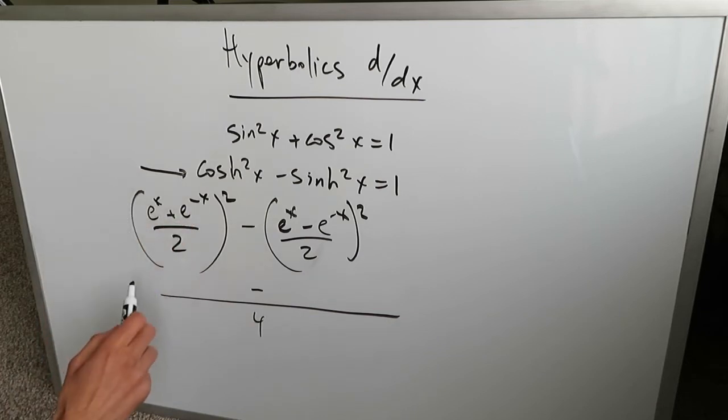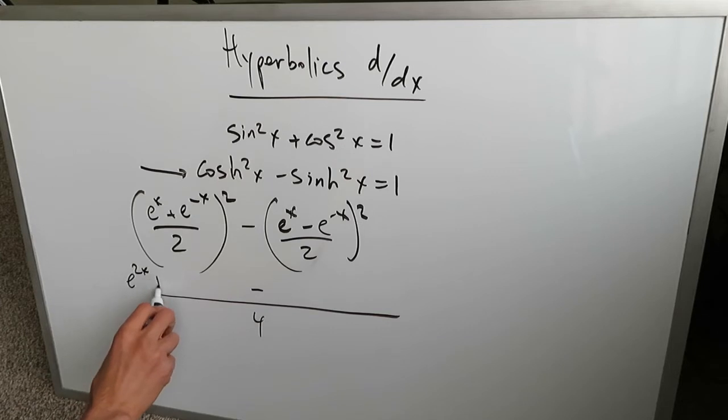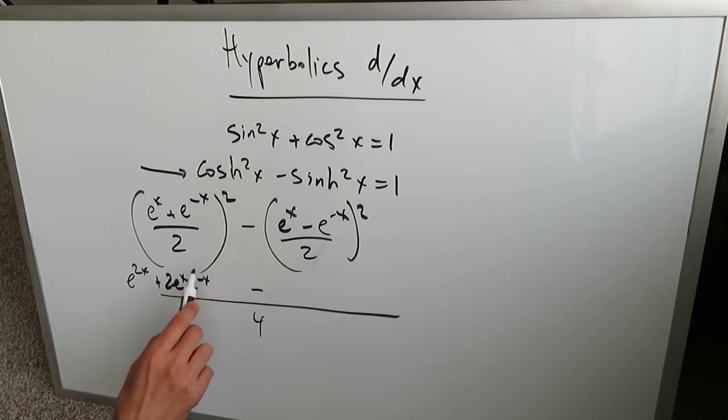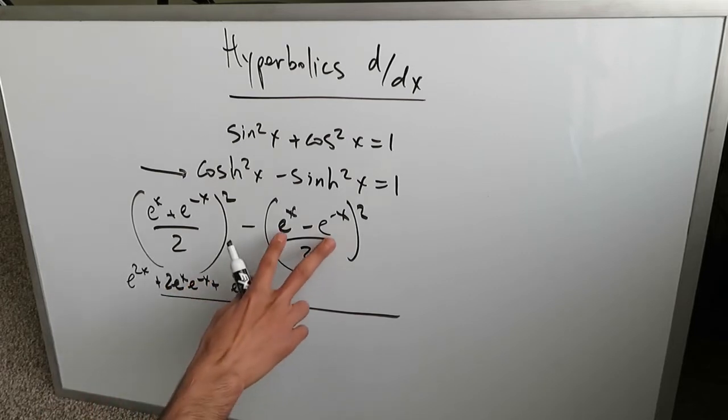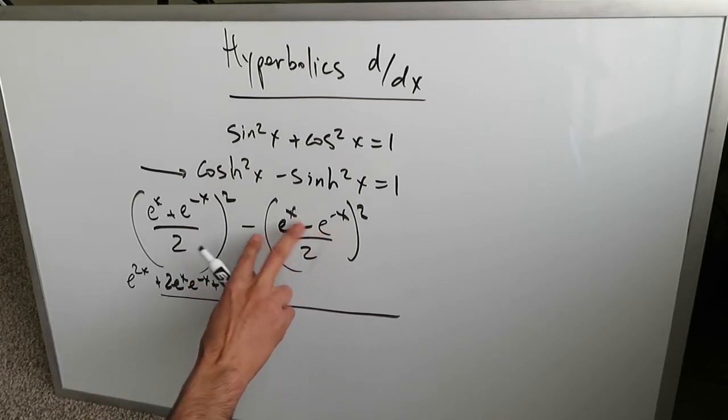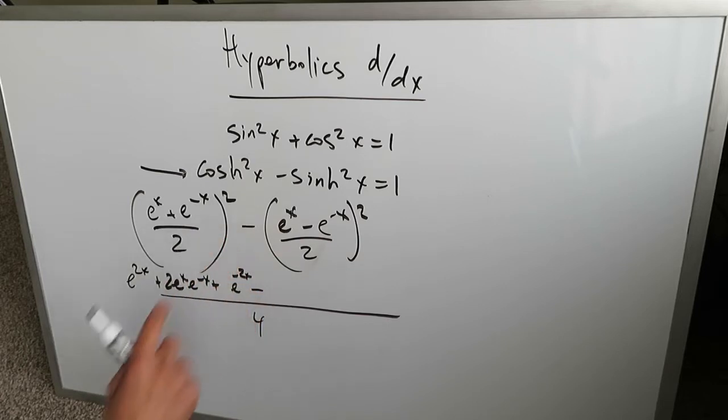e to the x times e to the x is e to the 2x. Then you'll have this intermediate term kick in, and you can do this separately on the side: 2e to the x, e to the minus x, and then you'll have plus e to the minus 2x. Now as we open up this with terms, multiplying it with itself will affect it with a minus sign.